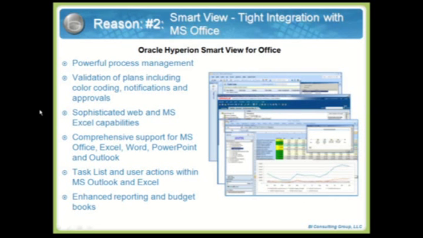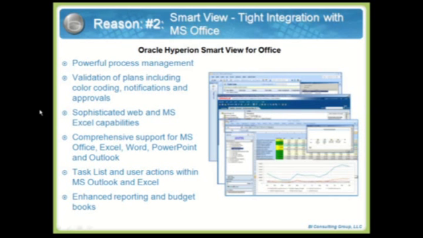Some other features within Smart View for Office is the ability to copy versions for planners. Previously, that was functionality reserved only for administrators. Process management now can take place in Smart View and in Excel.